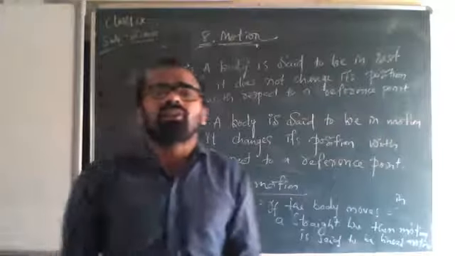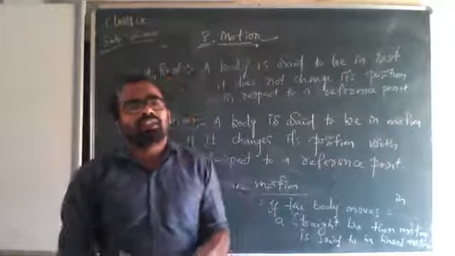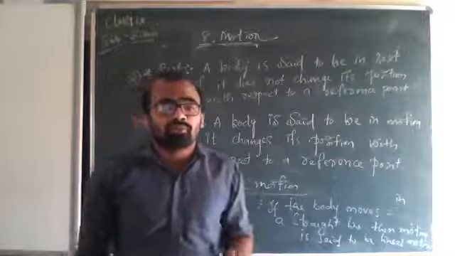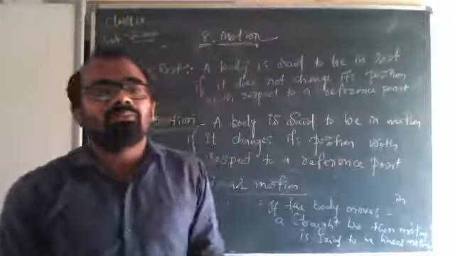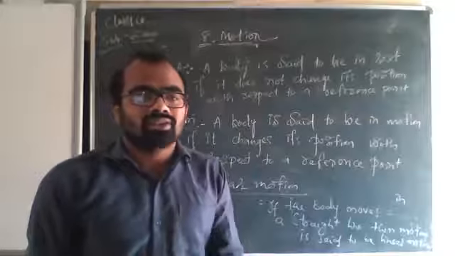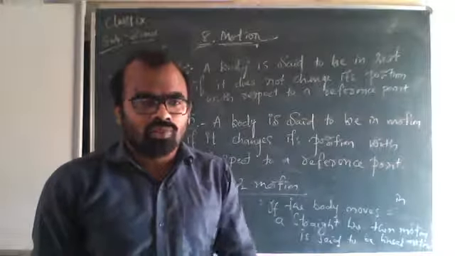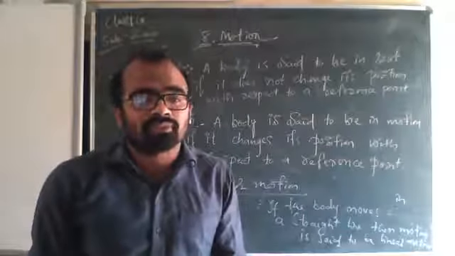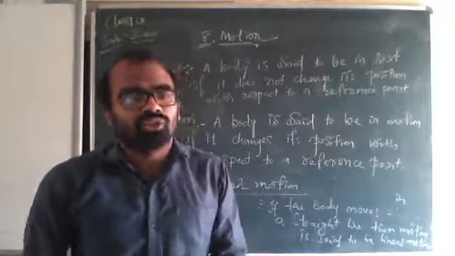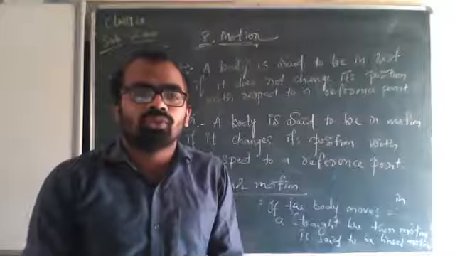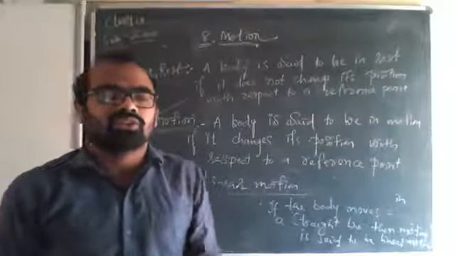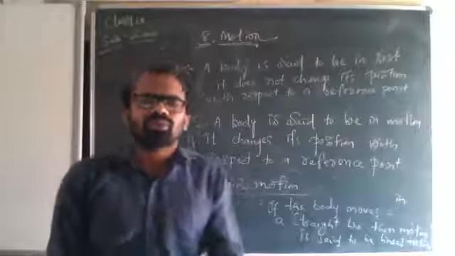So let me repeat here the three things: rest, motion and linear motion. Examples you should remember. What is the reason behind the sunrise and sunset? Motion of earth. Why do eclipses happen? Due to motion of earth, motion of moon, or motion of sun, or you can say rotation.